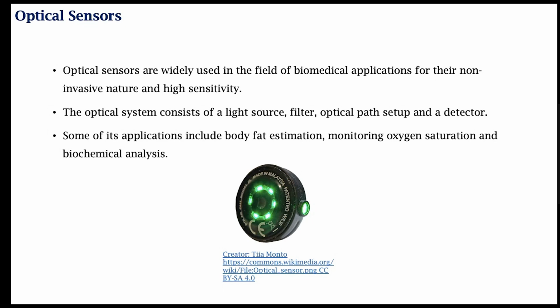Most importantly, a critical advantage of using this system is they are immune to electromagnetic interference. So many of these can be used inside an MRI system. Not all though, many of these. Because light is insensitive to magnetic field, for example.